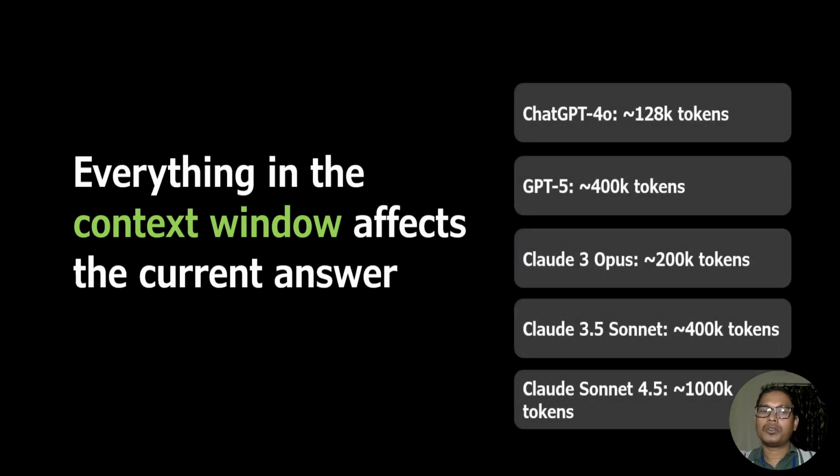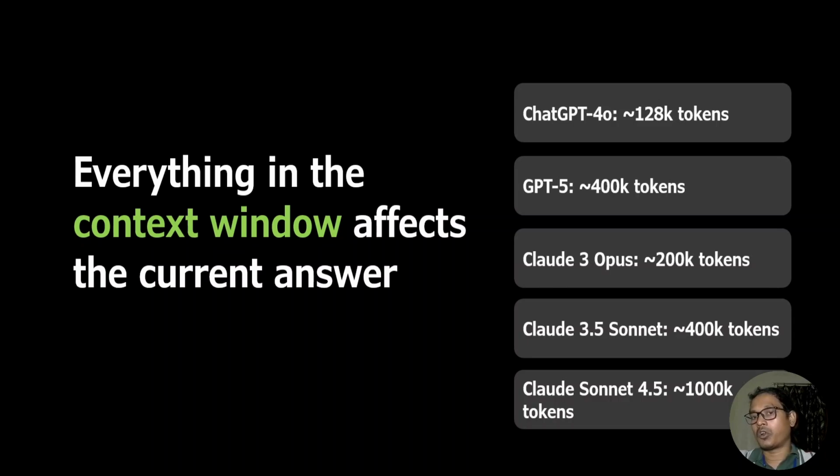This context window has limitations. You cannot put unlimited tokens or unlimited words in your context window, right? Because each model has a capability. If you see the ChatGPT 4o model, it can take 128K tokens in its input. GPT-5 can take approximately 400K tokens in the context.